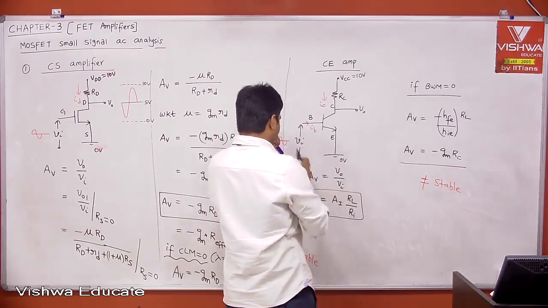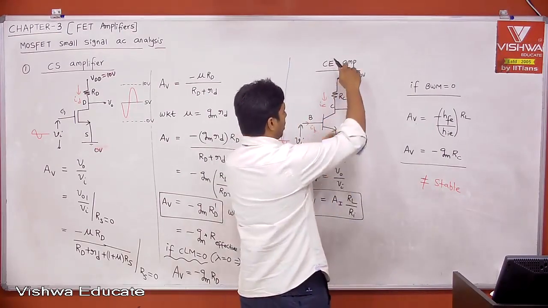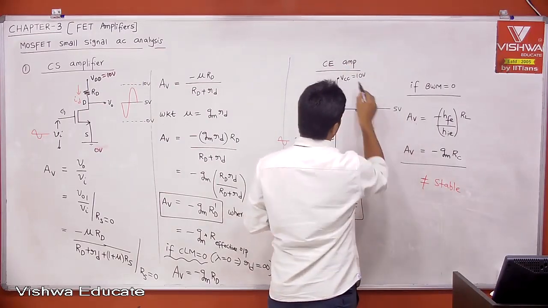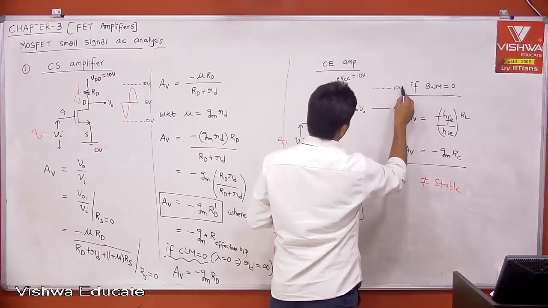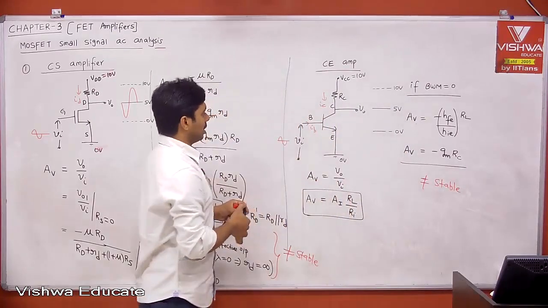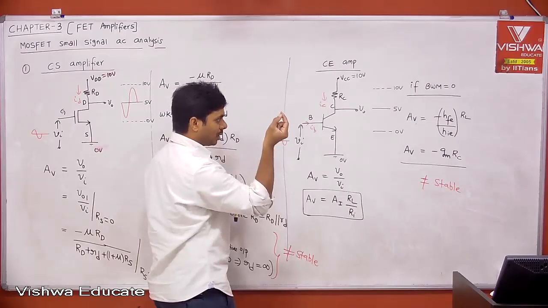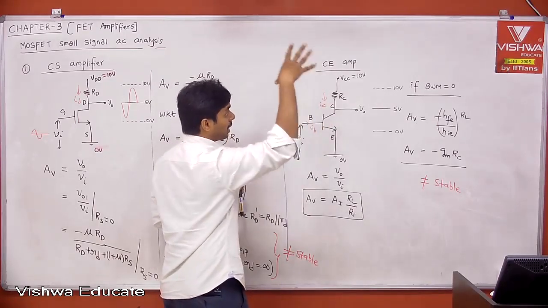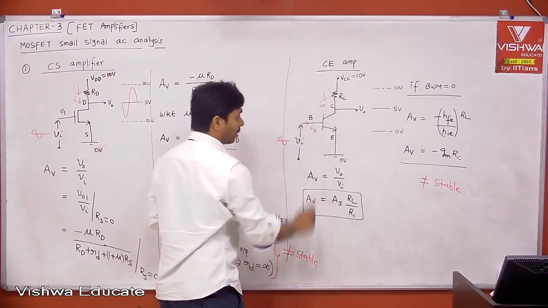Before applying your AC signal, out of 10, 5 volt here, 5 volt here, maximum 10 volt, minimum 0 volt. Now input is increasing by a small quantity, base current is increasing by a small quantity, and collector current is increasing by a large quantity because IC is equal to beta into IB.